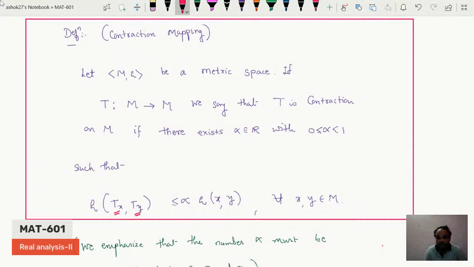It should be true for all x, y belonging to M.